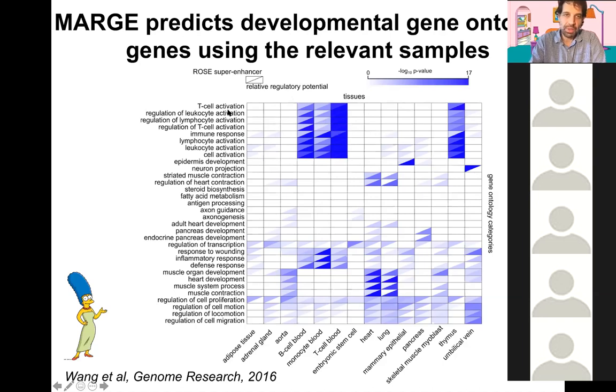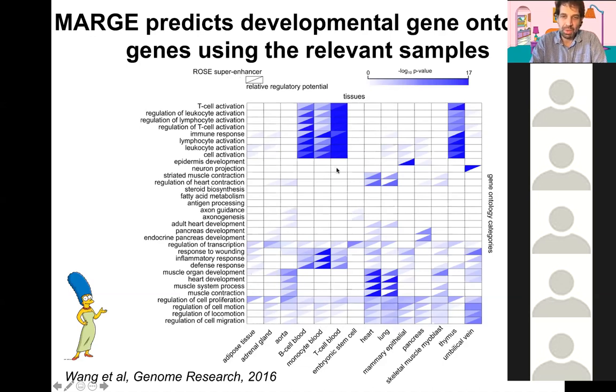You can see, for example, in these gene ontology categories, T cell activation and all these blood-related terms, that the high scores are coming from the blood cell types. So it's exactly where you should see them. When you look at muscle or heart development, you see the high scores in the right types of tissues. Where ROSE, the super enhancer analysis, is giving higher scores than we see, it's often in places where it's not really the right tissue.